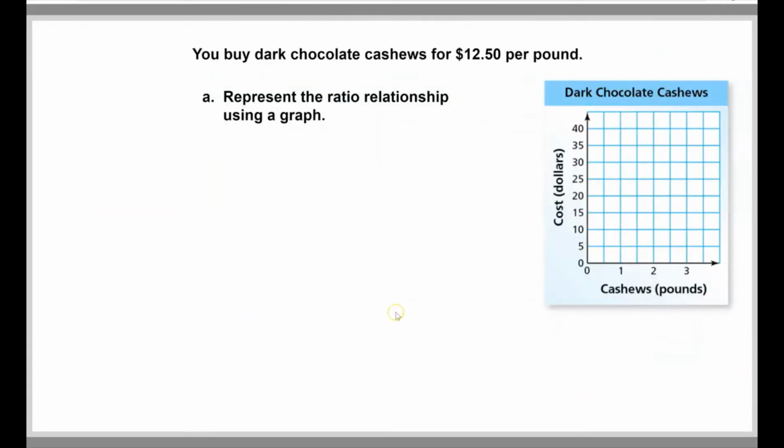Now let's also look at an example of how we could use this information to help us. First, again, we will go ahead and graph this. This problem says you buy dark chocolate cashews for $12.50 per pound. The first thing we'd want to do is to make our ratio table that will help us plot our points here.